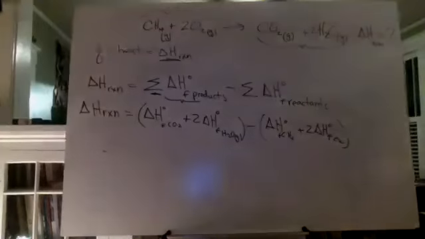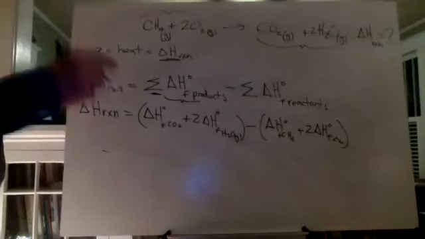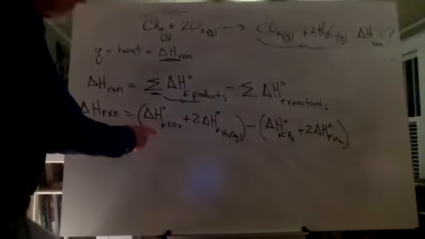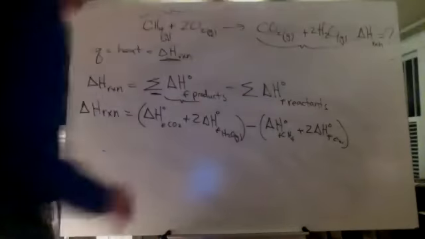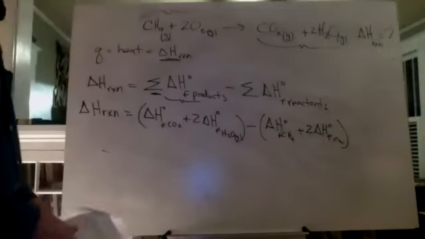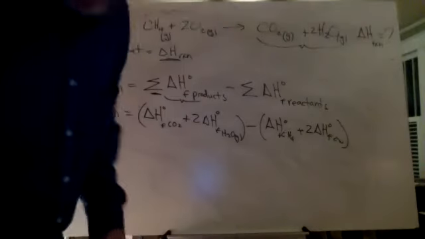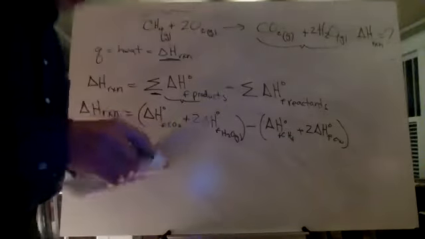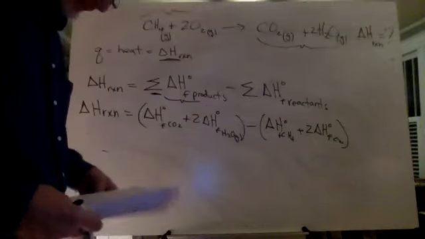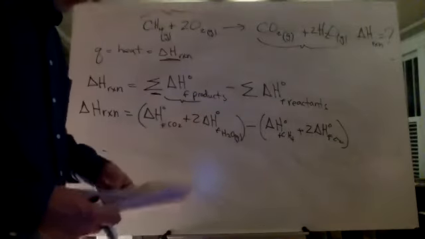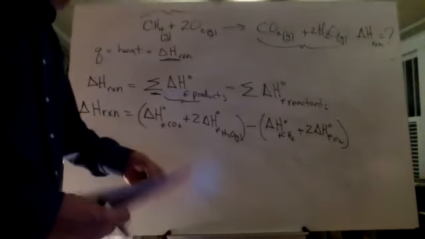So now, if we just knew the heat of formation of carbon dioxide and water and methane and O2, we could just plug those values in and we'd have the answer to our problem. And it turns out we do have those. We get those from this table. This is the standard heat of formation table.